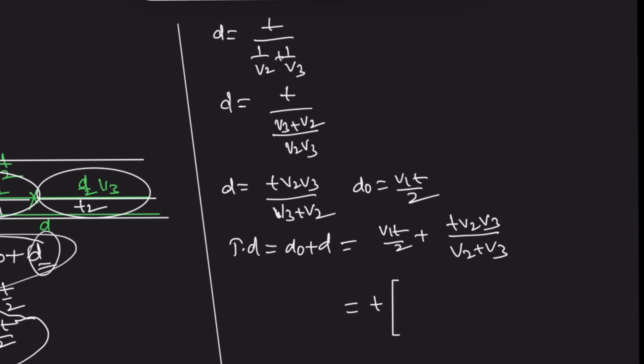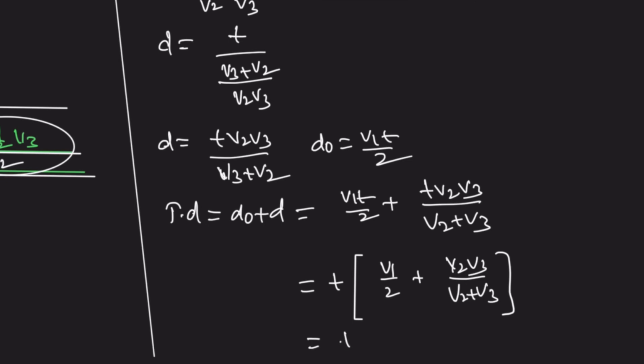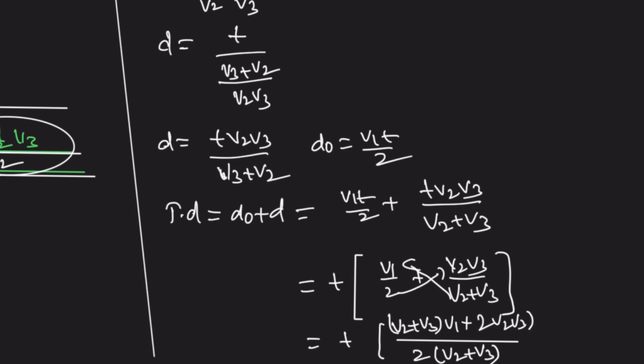Then we get t times v1 by 2 plus v2 v3 by v2 plus v3. What is the LCM? The denominators are 2 and v2 plus v3, so their multiplication is the LCM. So here v2 plus v3 into v1 plus 2 into v2 v3. So this is the total distance.